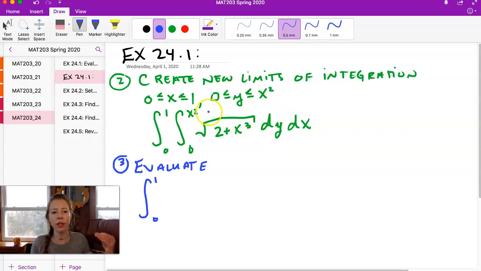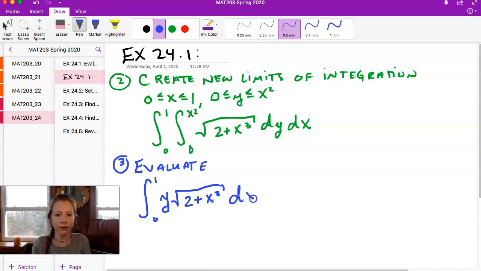And so what we're really concerned with is, what is the integral of dy? That's going to be y, because this whole piece right here is going to be treated as a constant because it's in terms of x. So it's going to be y times the square root of 2 plus x cubed dx, evaluated from 0 to y equals x squared.